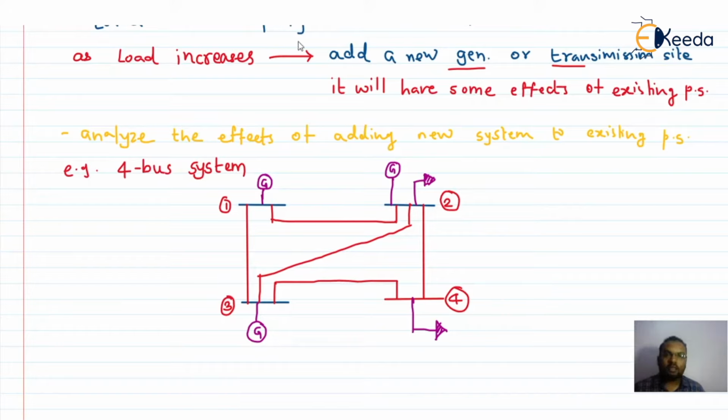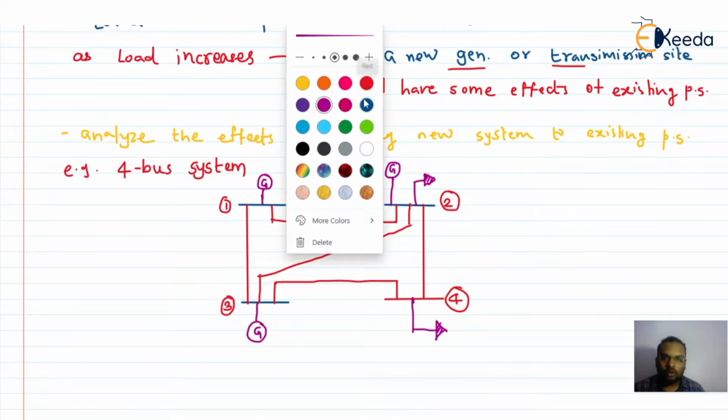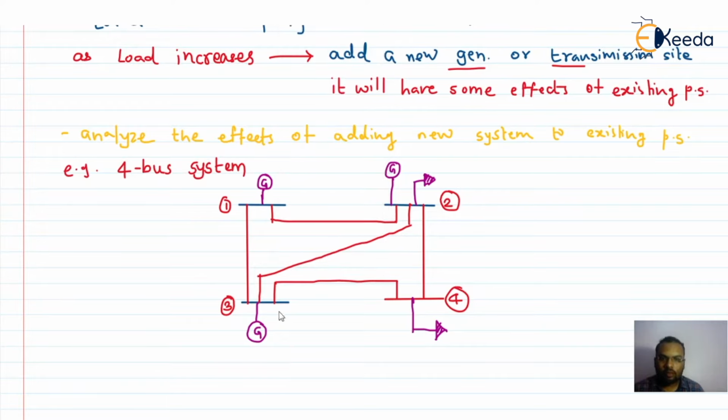Now as the load is increasing, suppose on bus number 3 I have installed a new load. So of course there will be a requirement in the system to add a generator.